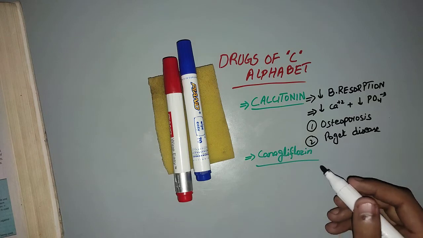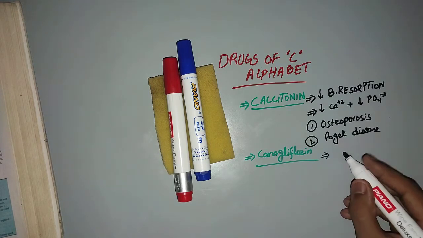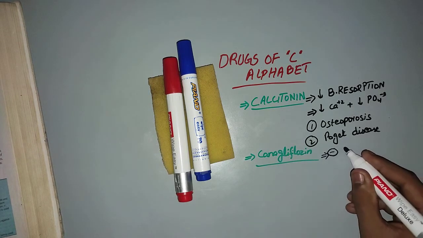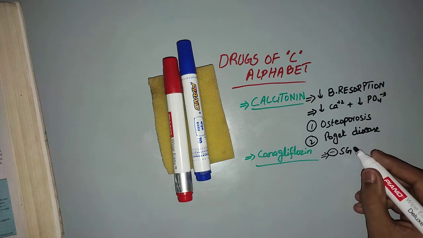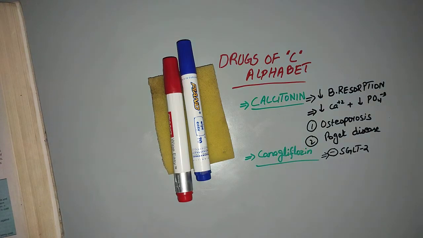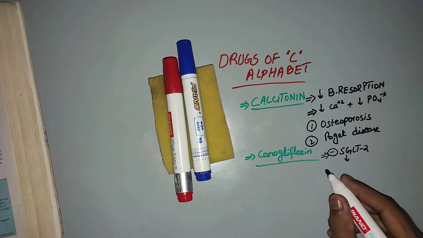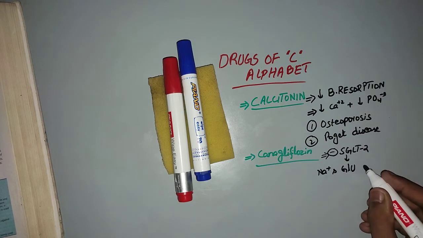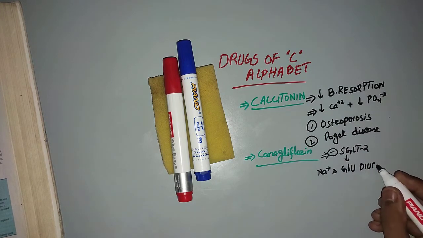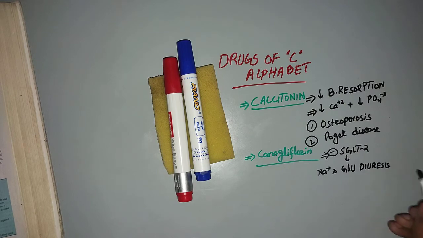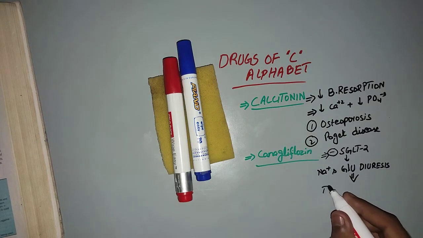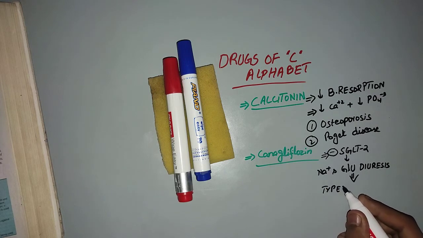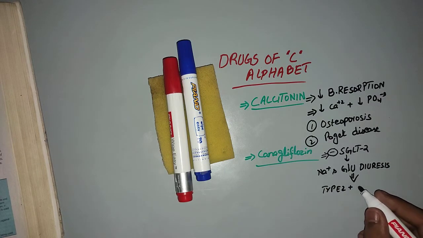So the mechanism of action is inhibition of sodium glucose cotransporter type 2 in the renal tubule, so that there is sodium glucose diuresis. We can use it in patients of type 2 diabetes, plus it is also used in patients of heart failure.